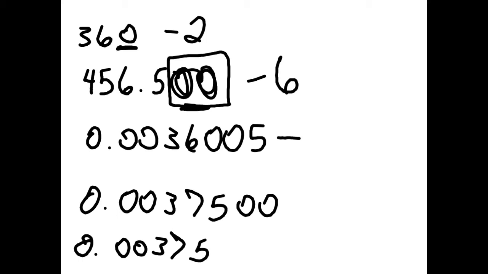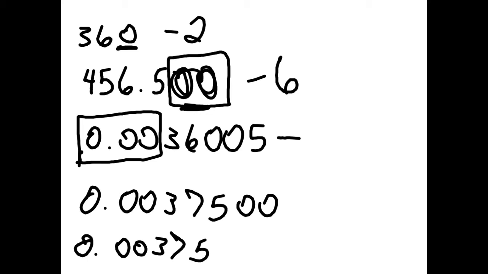Okay. Are these zeros significant? Why not? They have value. If I remove them, does that change the value of the number? So they are valuable. So because they are valuable, they are not significant.